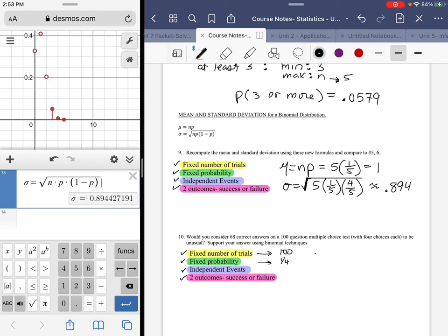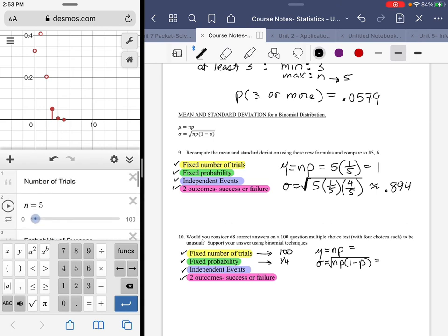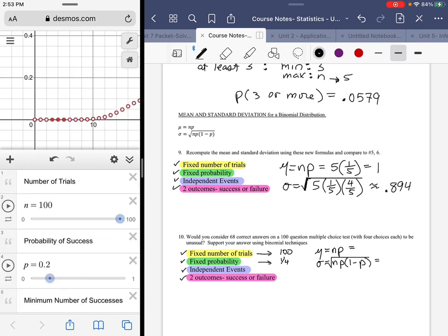So if we want to do mu equals np and sigma equals the square root of np times 1 minus p, we can. You don't even have to use a fancy Desmos calculator, you don't have to type in all this information if you don't want to. But it's kind of nice if you recognize it. Number of trials, max it out.